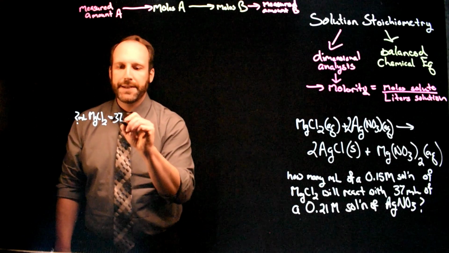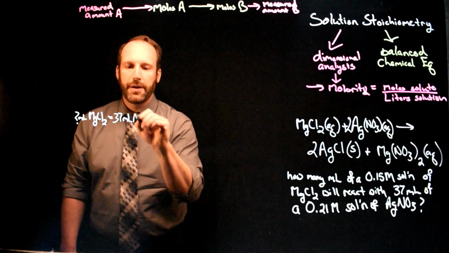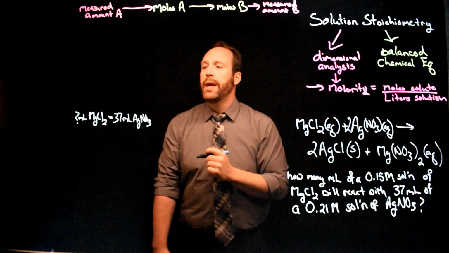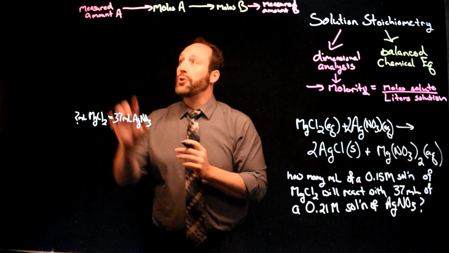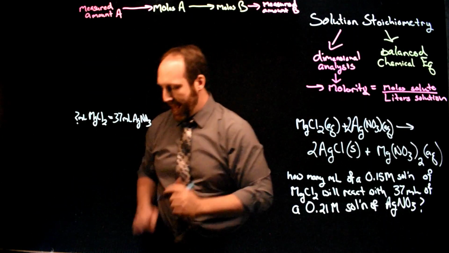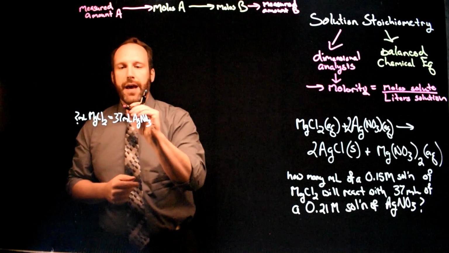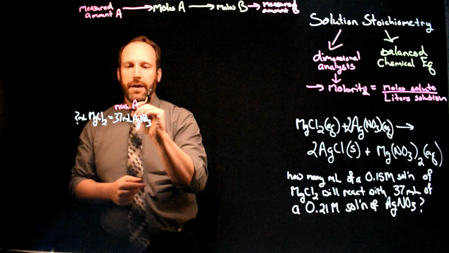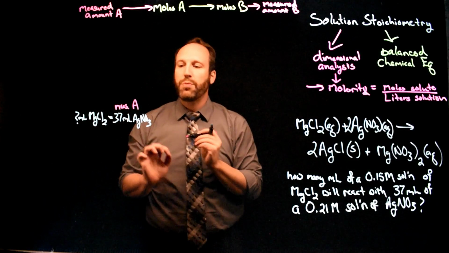And so the first thing we need to do, we've got a measured amount of A. So this is our measured amount of A. That's where we're starting.